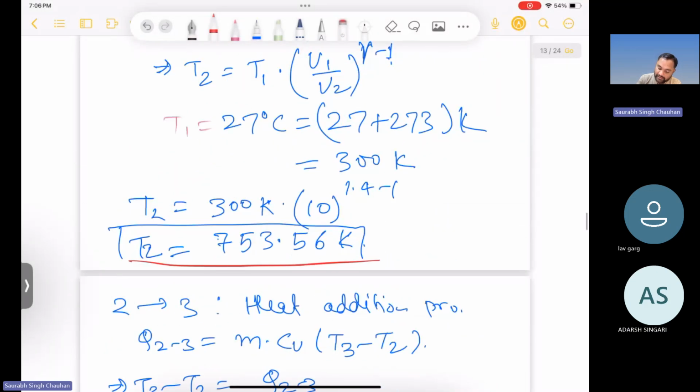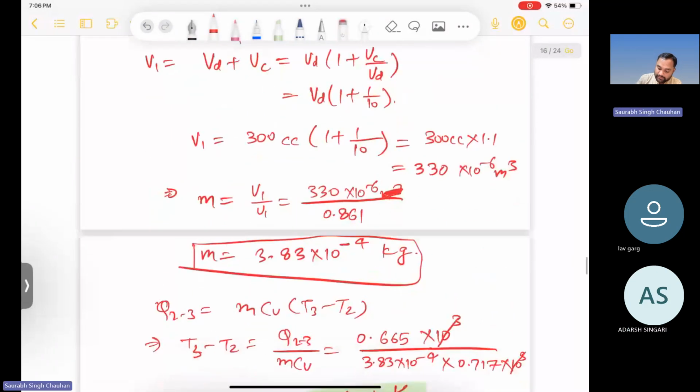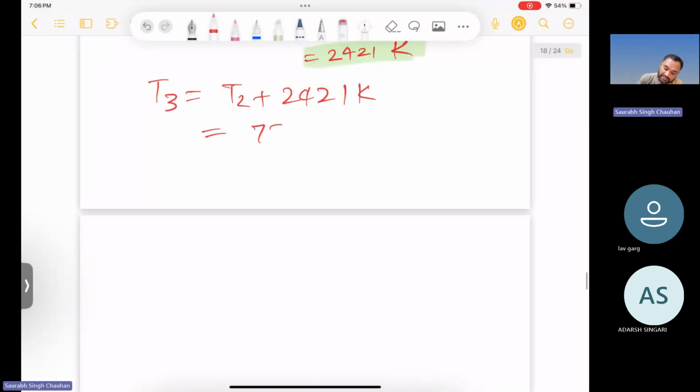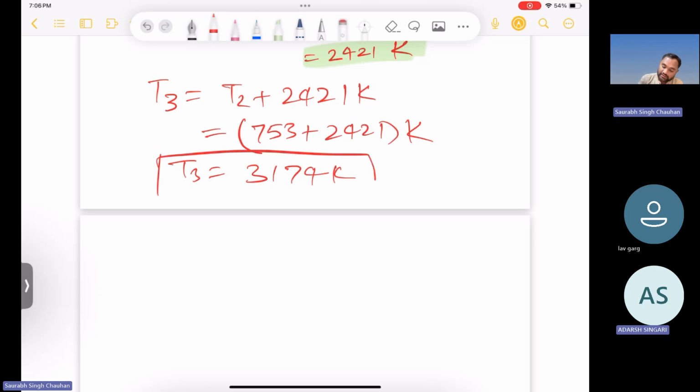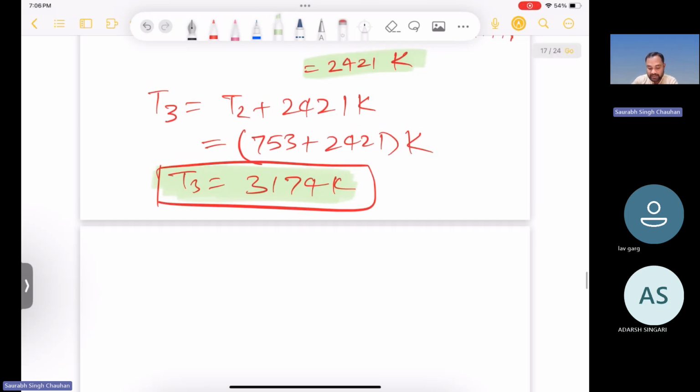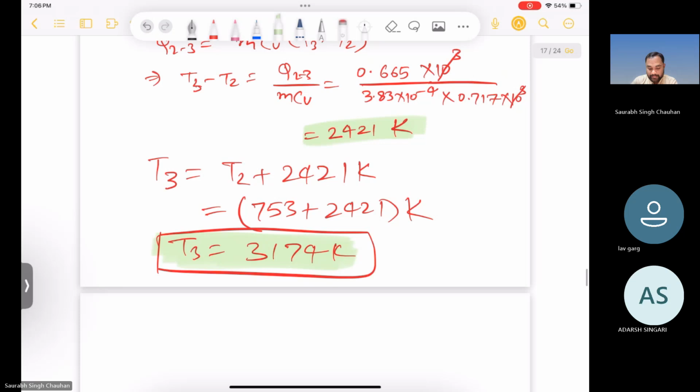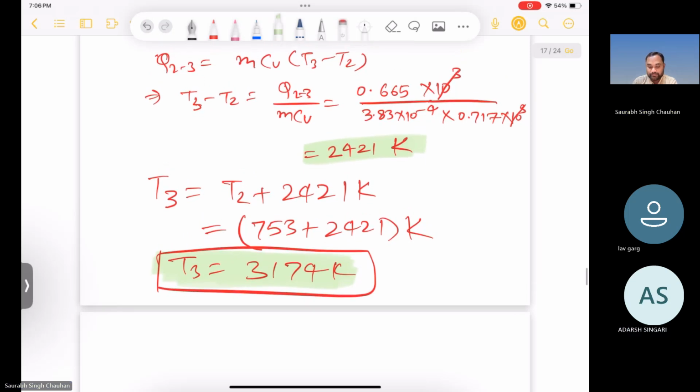T2 was 753, so 753 plus 2421 is 3174 Kelvin. This is a very high temperature. So after combustion, temperatures range like this.